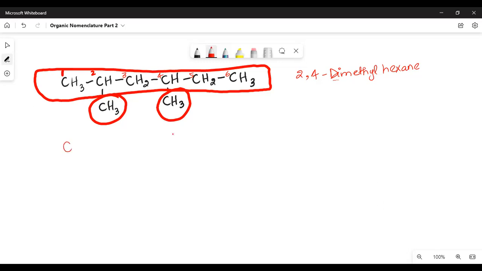Okay, another example. What if the branches are a little bit different? My bad, this can't really be 3. That would be a huge mistake. Okay, so the point is, what if we have 2 different kinds of branches on 2 different points?